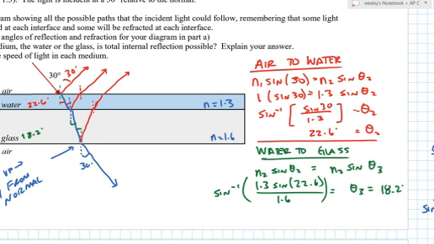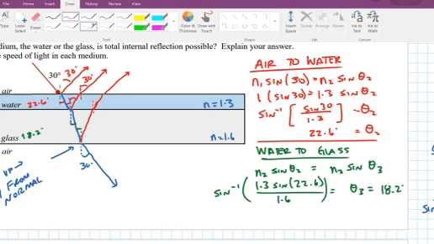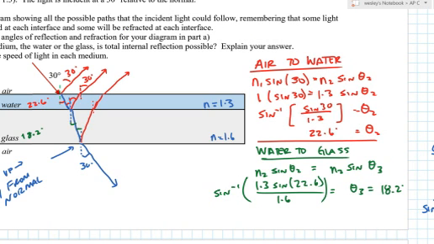Now, reflected angles. If this angle is 22.6, that angle is 22.6, and this reflected angle is also 22.6. And then when we refract out, air to water, it's 22.6 and 30 degrees. So that's good news. In the glass, we said this was 18.2 degrees.